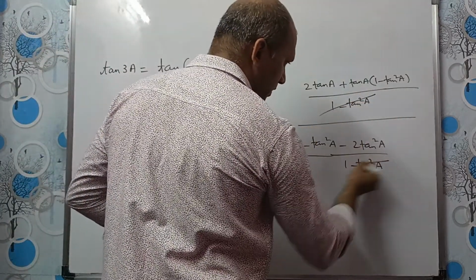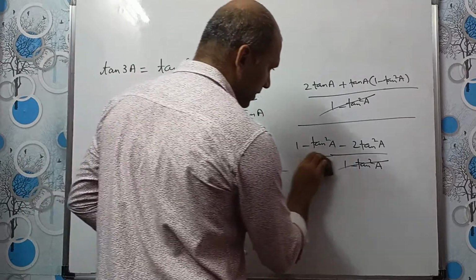So here 1 minus tan square A and 1 minus tan square A will get cancelled, right? So let us erase that.